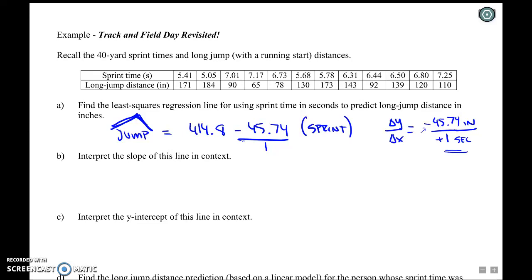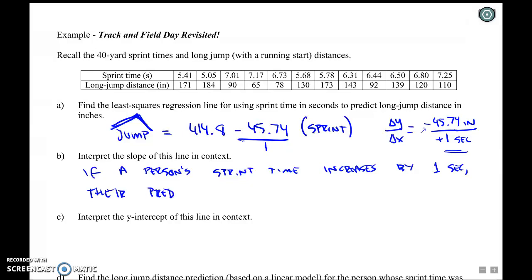That's it. If a person's sprint time increases by 1 second, their predicted jump distance will decrease.